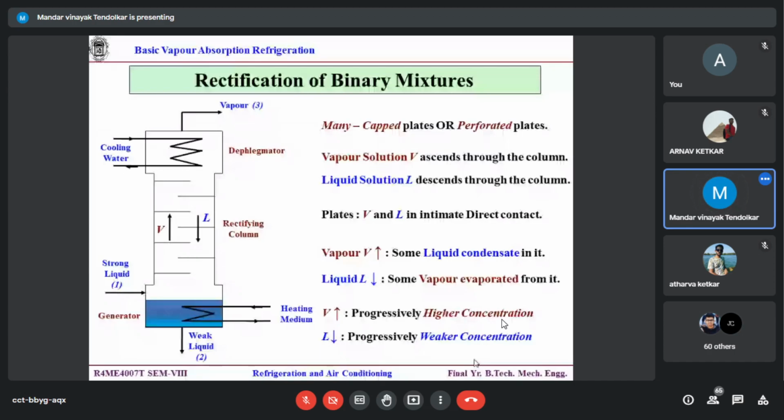Yes. Vapor concentration for B higher, liquid concentration of A higher, correct? Fine. So this is how you separate the two phases, or sorry, two components. One in liquid phase, the other in vapor phase.